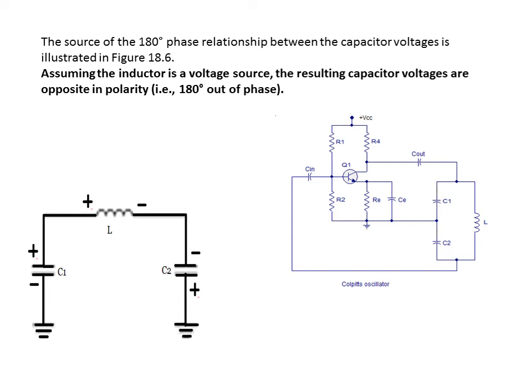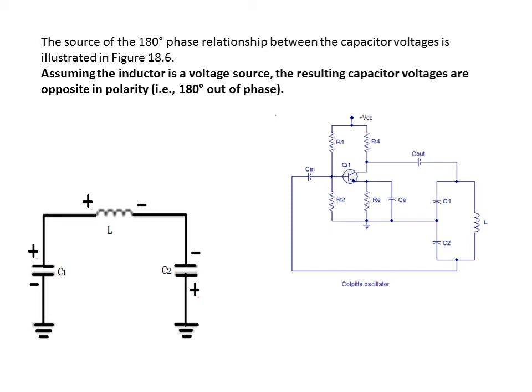The top of L is positive, and in this left diagram the left part of L is shown to be positive, and it is connected to the positive plate of C1, shown on the left here, whereas the bottom of L, which is negative, is connected to the negative of C2, shown on the other side, whereas the negative of C1 and positive of C2 are connected to earth.